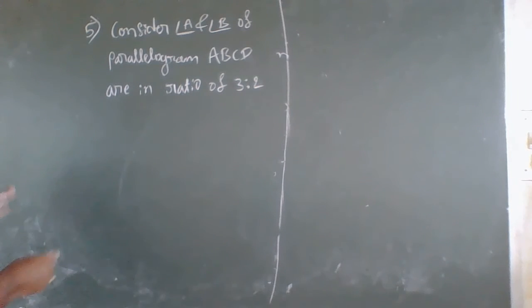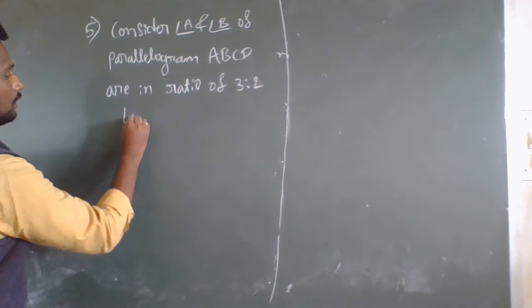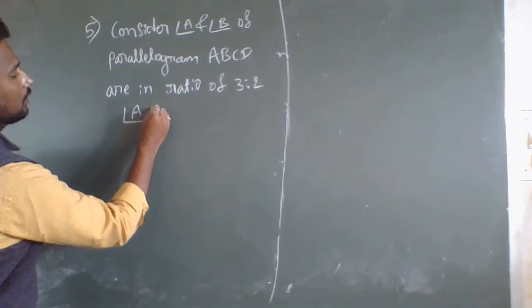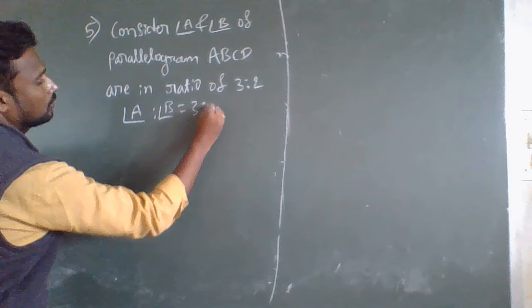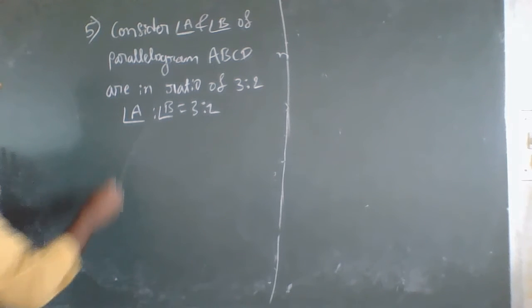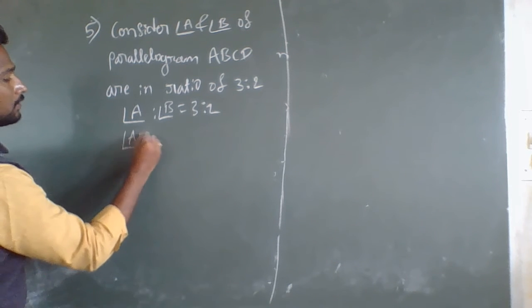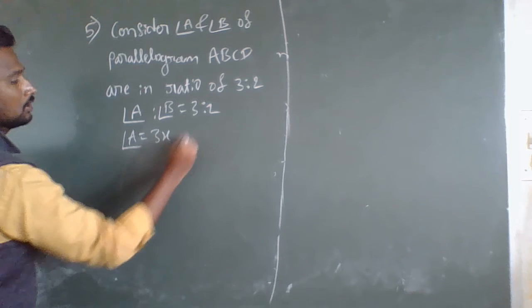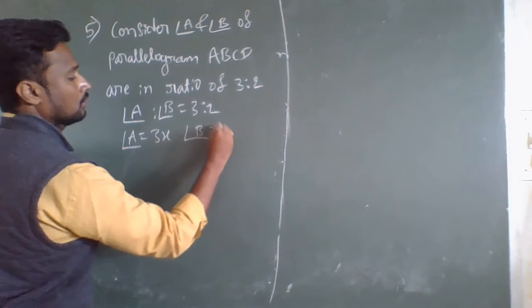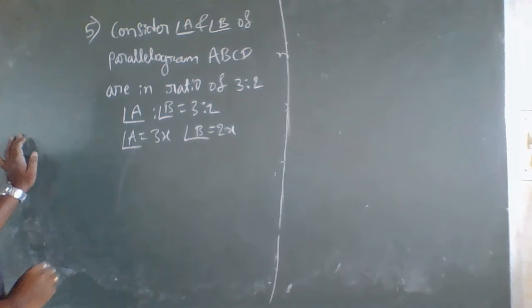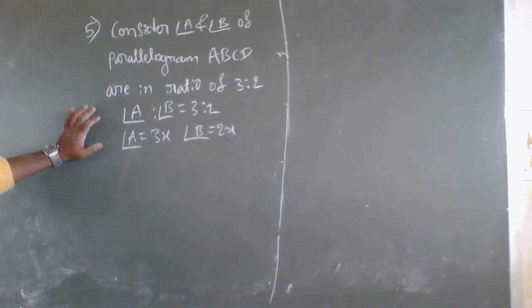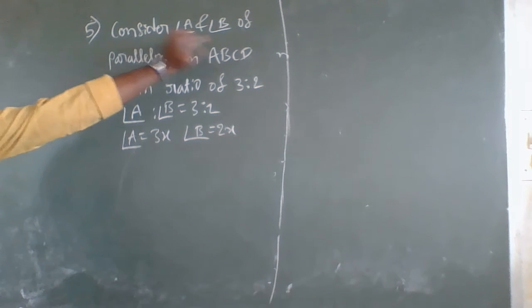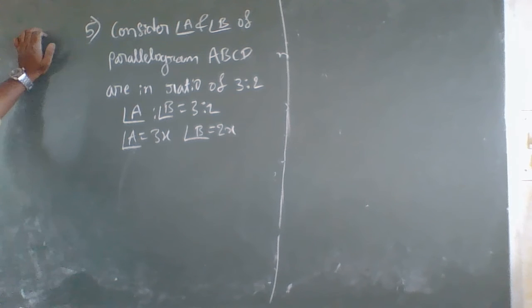How to calculate this? First, angle A and angle B are in the ratio 3:2. Now I will write the common ratio. Angle A is equal to 3x, angle B is 2x. Now these two, angle A and B, are adjacent angles.